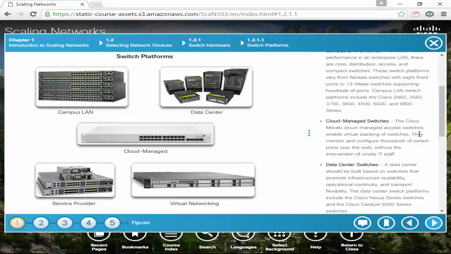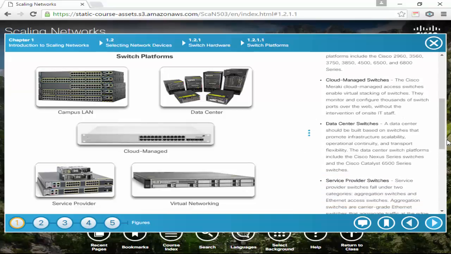Okay, so then we have data center switches. Okay, a data center switch could be built based on switches that promote infrastructure scalability, operation continuity, and transport flexibility. The data center switch platforms include the Cisco Nexus series switches and the Cisco Catalyst 6500.